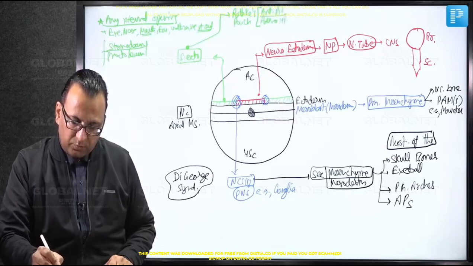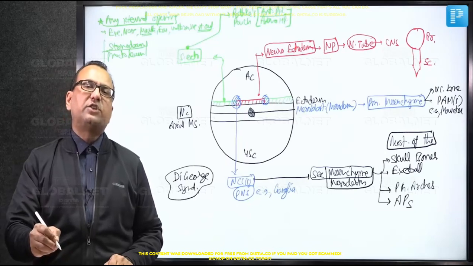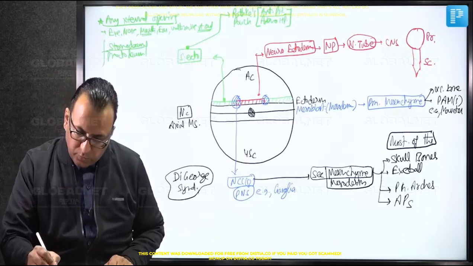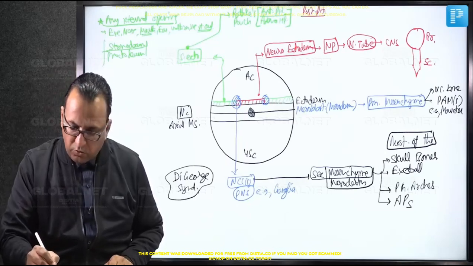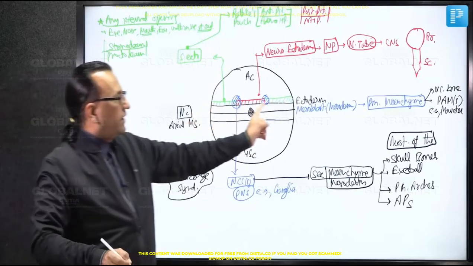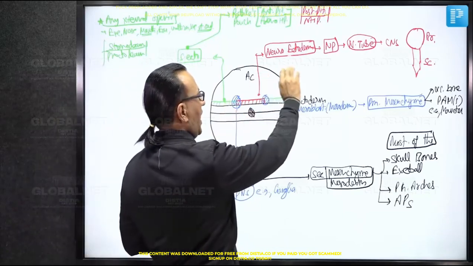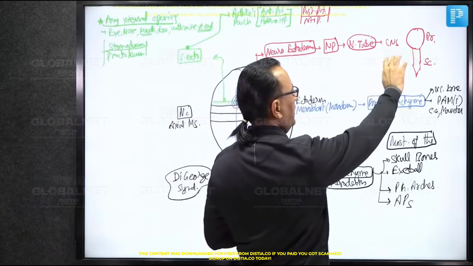And what about the posterior pituitary or the neurohypophysis? As the term is mentioning, the other part of pituitary, the posterior pituitary, which is also called neurohypophysis, must be coming from neural ectoderm. In fact, it is the neural plate ectoderm which is contributing to the central nervous system. And in the central nervous system, there will be diencephalon.